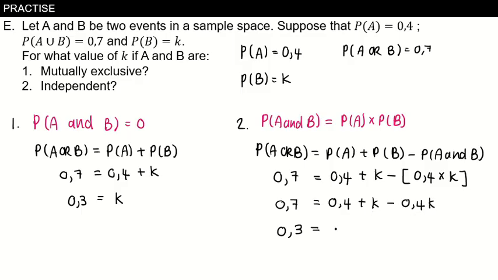And then K minus 0.4K is 0.6K. Divide both sides by 0.6 to get rid of it on the K side. Then we get K is equal to 0.5. So that's the probability of B if these two events were independent.